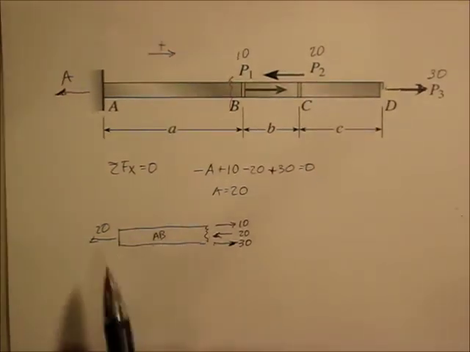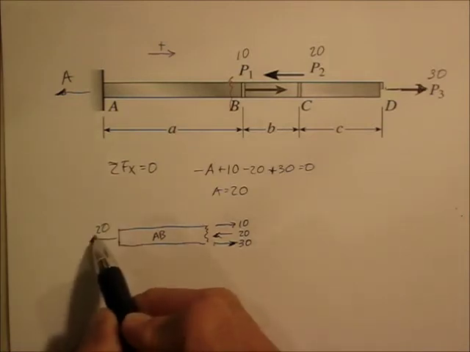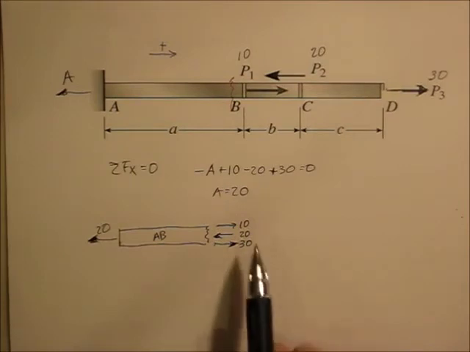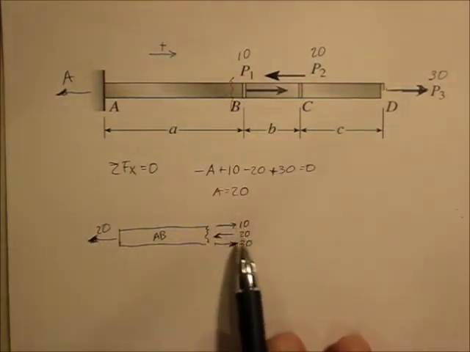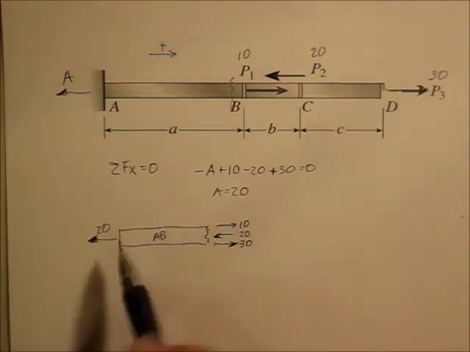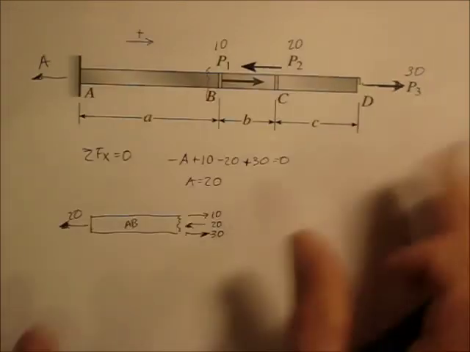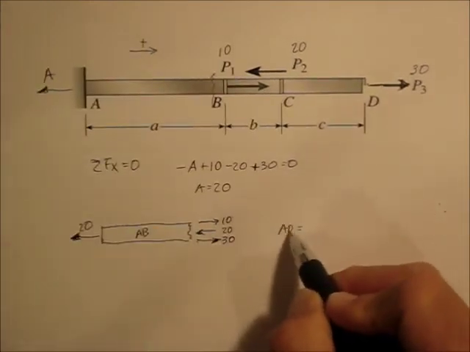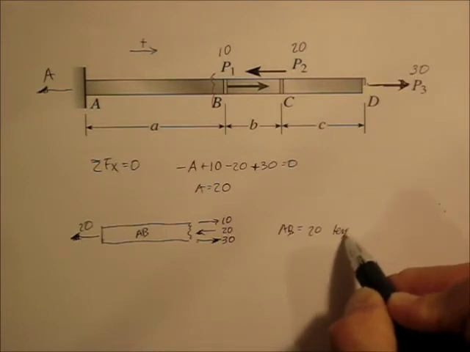I got AB as a section. I got 20 positive going in that direction. And then I got plus 10, minus 20, plus 30, and indeed if you add those things up, those equal 20. So if that's 20 going that way, then AB is 20 in tension.